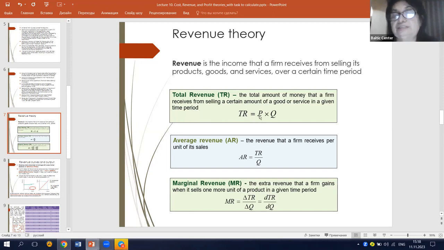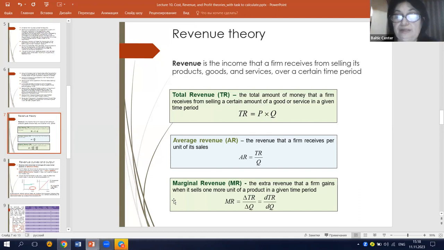So TR is equal, yeah, to P multiplied by Q, the amount, okay? So, and we have the total revenue here. The average one, so the revenue that a firm receives per unit of its sales. So we have the average one there, and also a formula. So we divide the total revenue in relation to quantity.